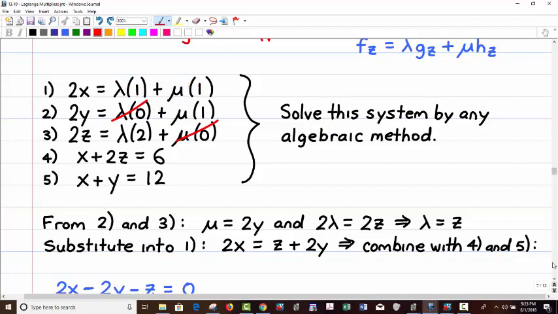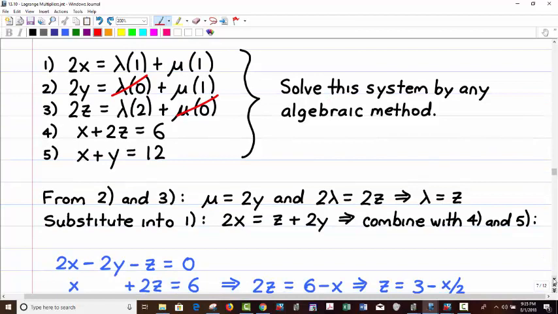And then I'm going to combine them with those bottom two constraints. Now what I did here is I moved them all over and set it equal to 0. So this 2y moves over, so it's 2x minus 2y, and then the z moves over and becomes negative z, so set that equal to 0. I left that step out, but it was just substituting into here and then moving them over.